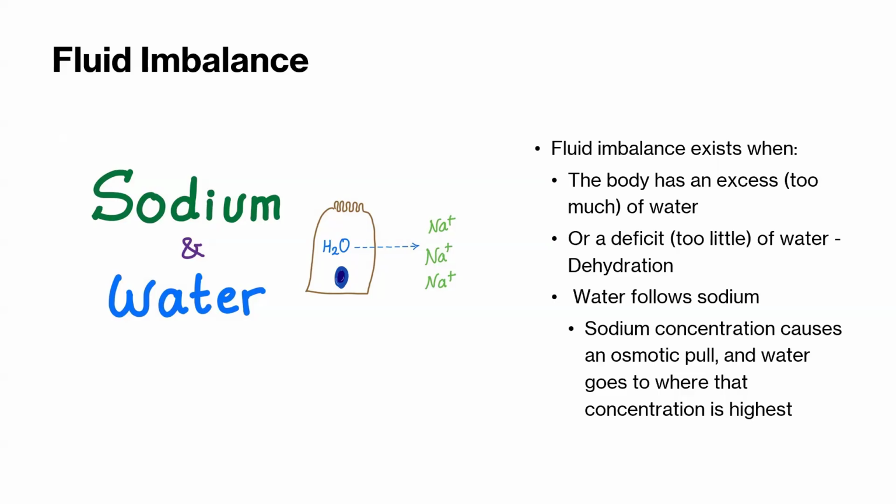It's going to shift. It's going to osmotically follow that sodium. If there's a lot of sodium inside the cell, then water will be pulled in from a higher concentration outside the cell to inside the cell. So again, remember, sodium and water. Water always follows sodium.